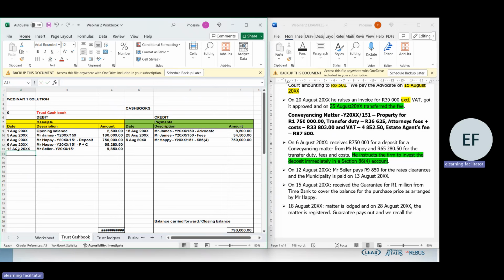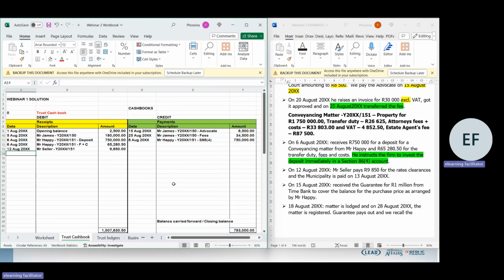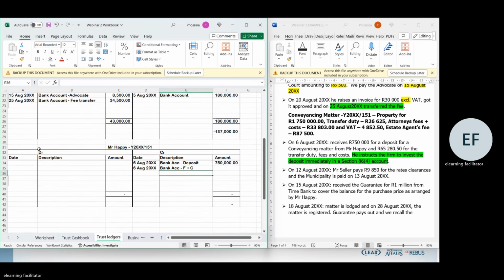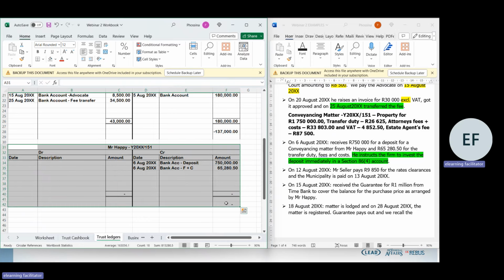If it was in a complex, he would also pay in so that we ensure that all the levies are cleared. So he pays 9,850. And then in our trust ledgers, we create a ledger. Okay, this one we've not completed it. 6528.50. Sorry for that.